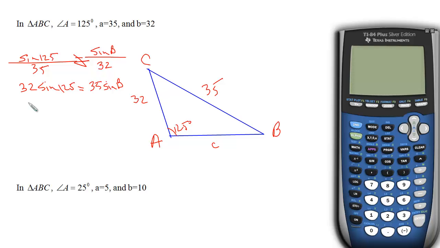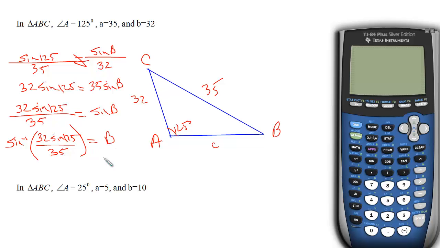So we'll divide both sides. So I get 32 times the sine of 125 over 35 equals the sine of B. And I'm going to take the inverse sine of this entire quantity, 32 sine 125 over 35 equals angle B.